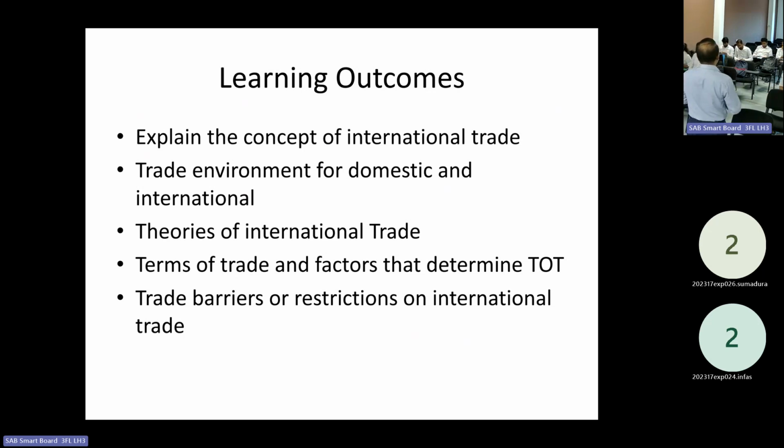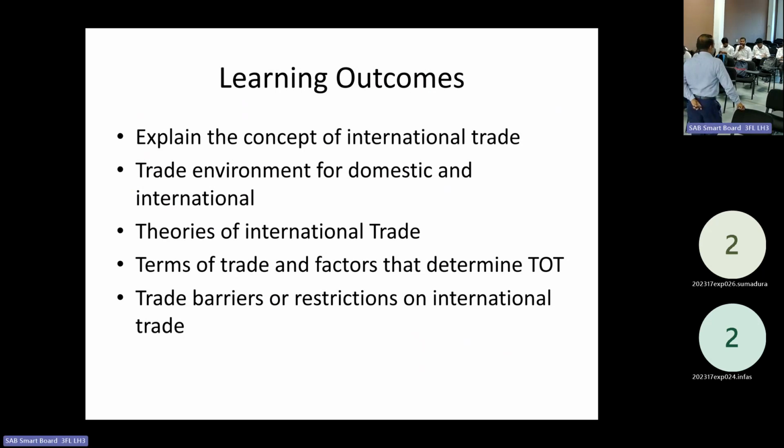We know that there are two, internal and external trade, the domestic trade and the international trade, right? We will talk about that, and then we will go to the theories. Some theories, right? We are not going to talk about all the theories, only the basic theories.